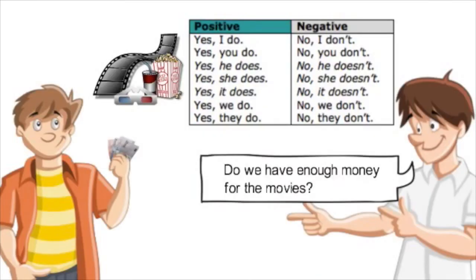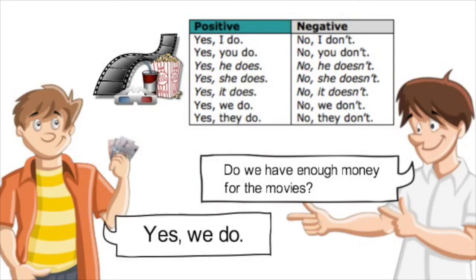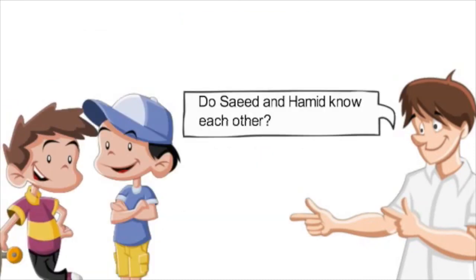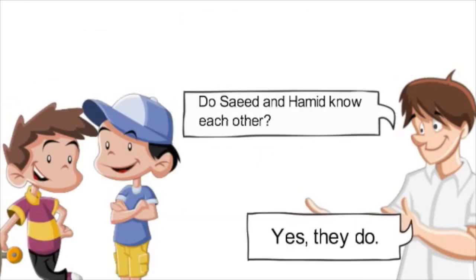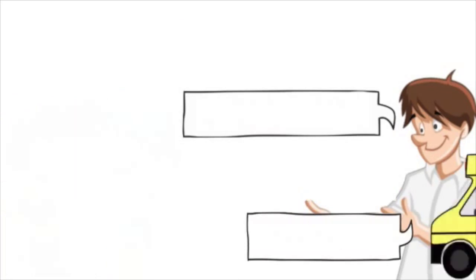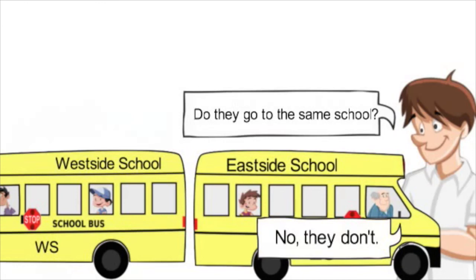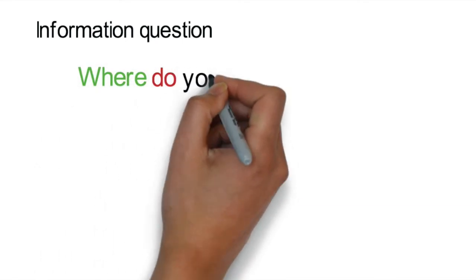Do we have enough money for the movies? Yes, we do. Do we have enough petrol for our trip? No, we don't. Do Saeed and Hamid know each other? Yes, they do. Do they go to the same school? No, they don't. For an information question, you can write the question as follows. Where do you live?